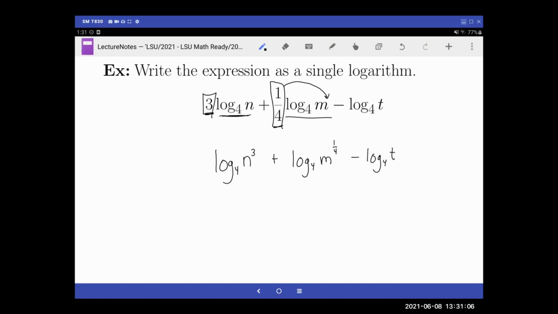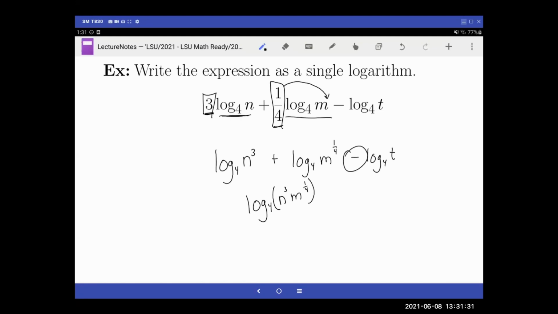All right, and then remember what we said earlier. When you add logarithms, especially with the same base, that's really when it matters. But when you add logarithms, you can rewrite it as a single logarithm. I'll put it in parentheses so we know these go together. As multiplication.